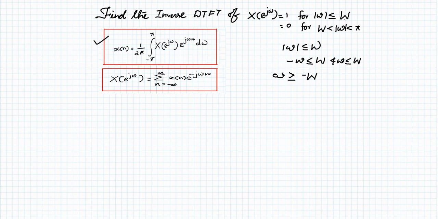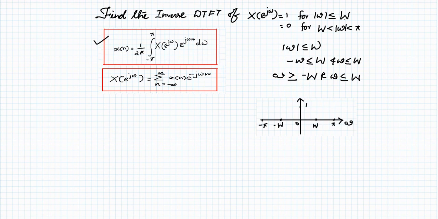So we can rewrite minus ω ≤ W like this: ω ≥ minus W, and the other condition is ω ≤ W. So we got two conditions: ω ≥ minus W and ω ≤ W. Now we can plot this waveform.